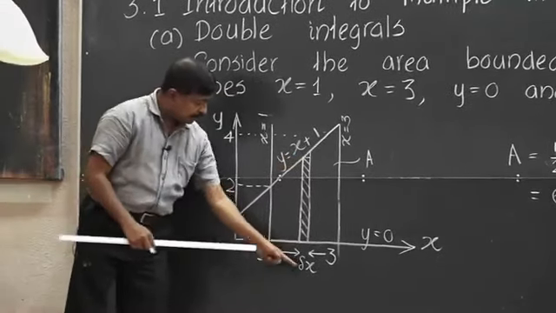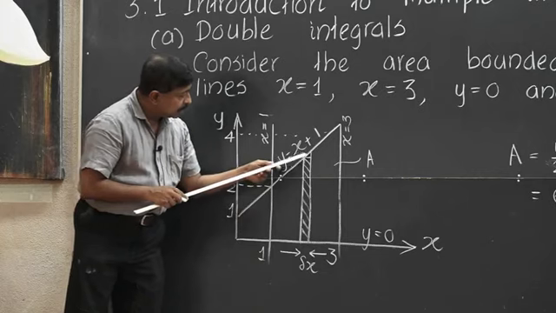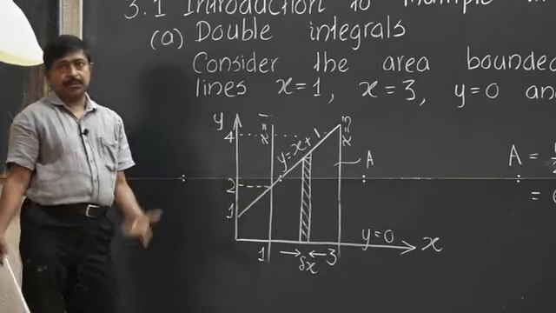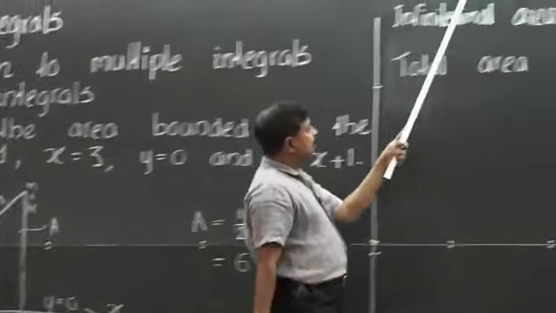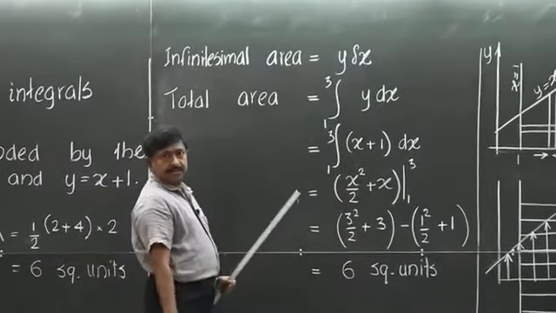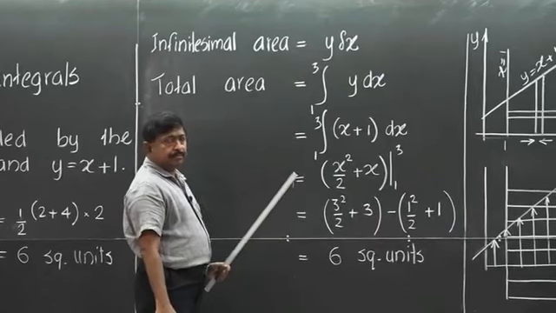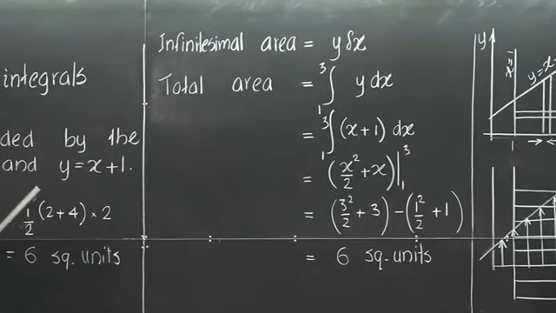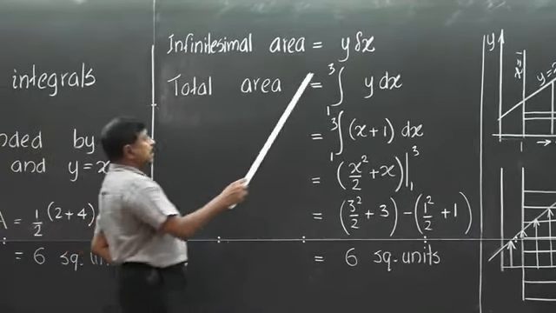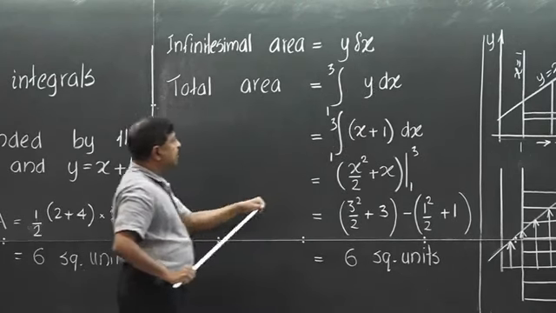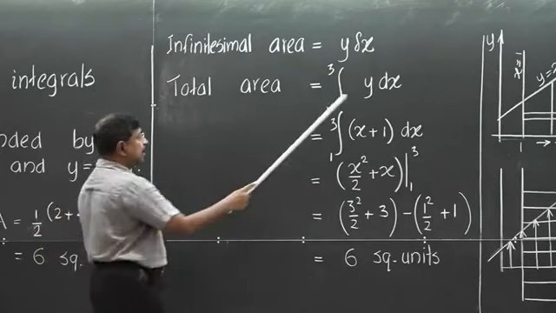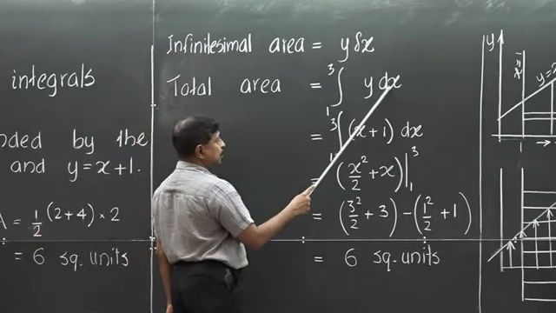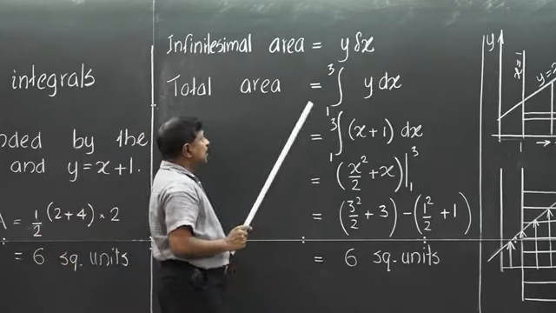When delta x goes to 0, this error will go to 0, so you don't have to worry about it. So the infinitesimal area is y delta x. Now the total area can be taken like this, y delta x. Here we replace delta x by dx because delta x goes to 0, just to minimize that error.